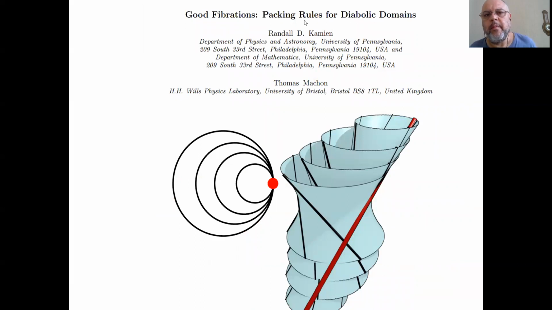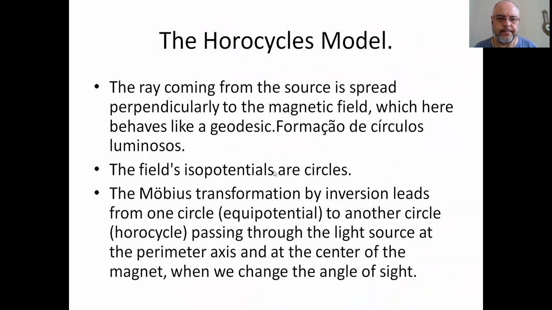In this paper, Good Vibrations: packing rules for diabolic points, we have this idea of conic sections and these tangent inner circles. Basically, this horocycle model is based on this idea.